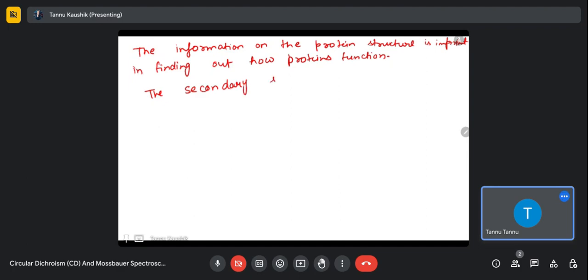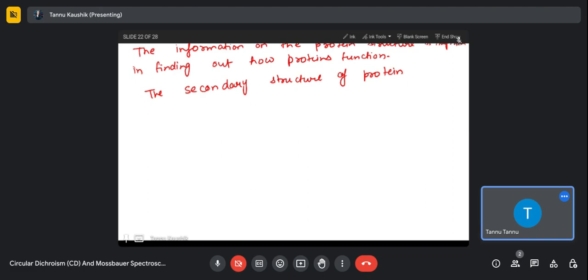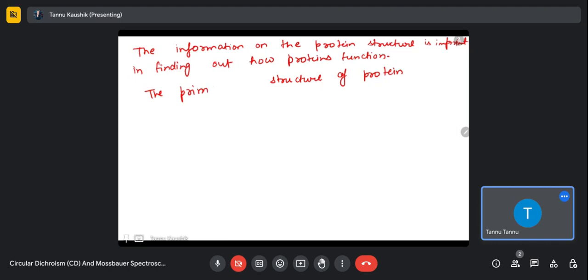The secondary structure, sorry, the primary structure of protein defines the alpha helix structure of protein.